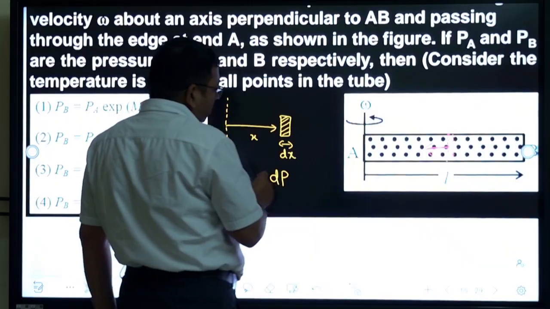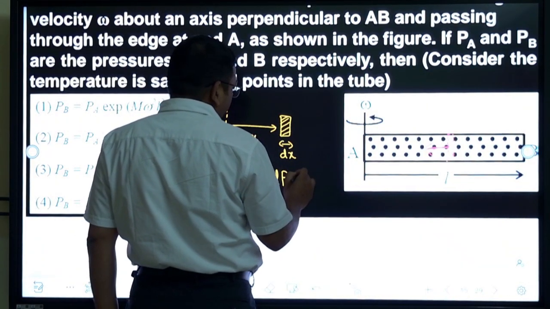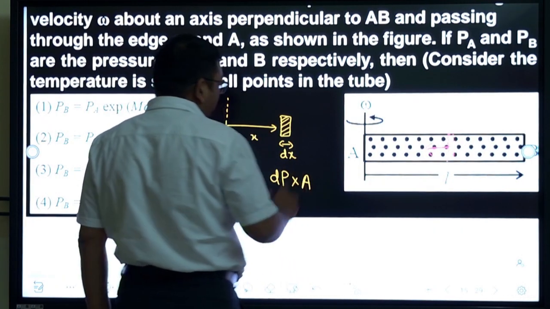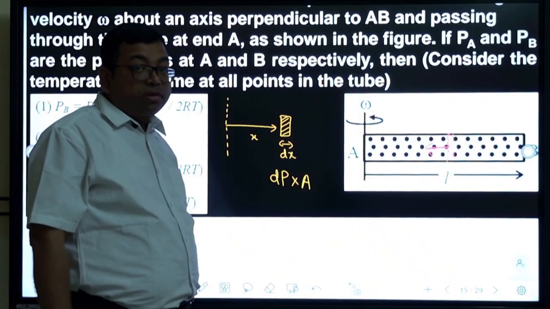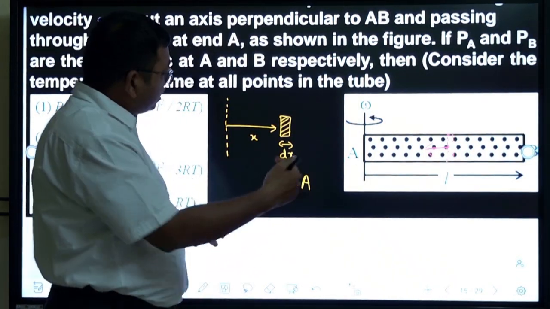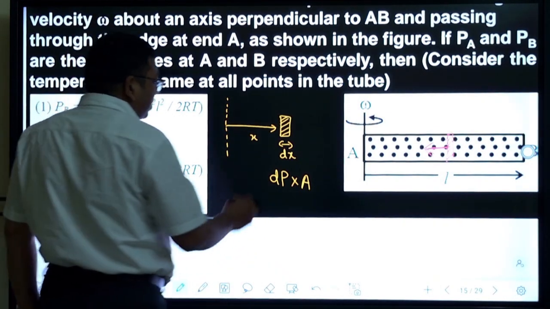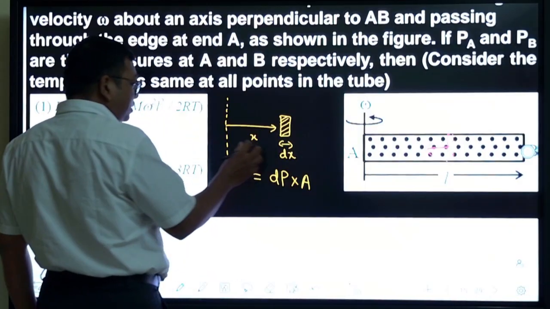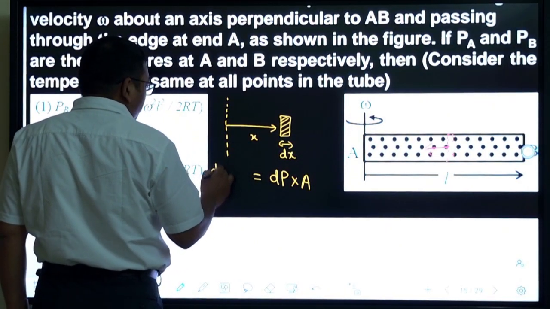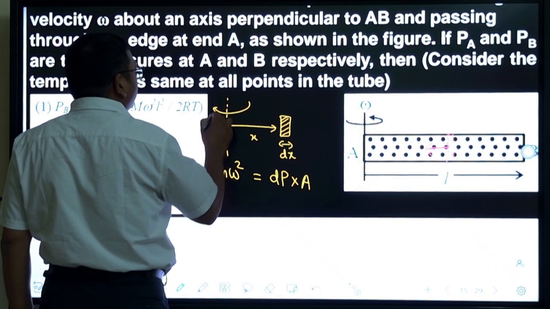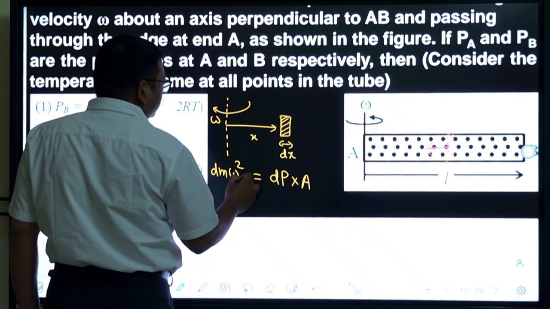So pressure difference into the area, pressure into area is force. So that is the net force. This force is the centripetal force, that we can write as m omega square radius. Mass is a small mass dm, so dm omega square x, because it is rotating with angular velocity omega, into radius x.